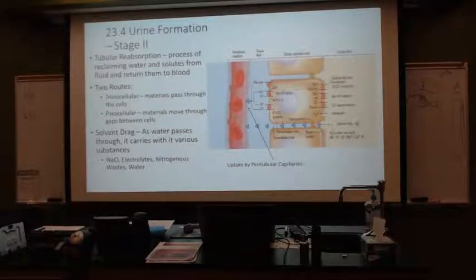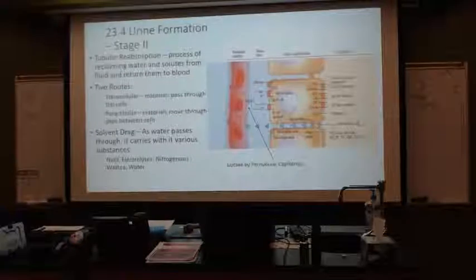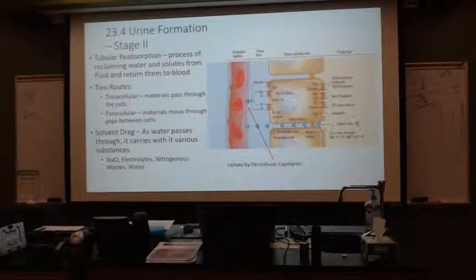Remember, that could be due to kidney issues, lung issues, because that's going to affect the kidney's function, or heart issues. So pay attention to what the issue is that the patient has, because they're going to give you little case studies on this, and try to think about what is happening.